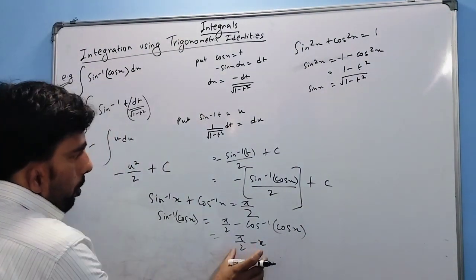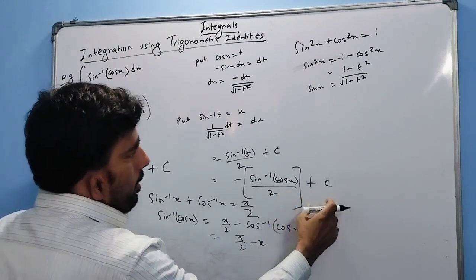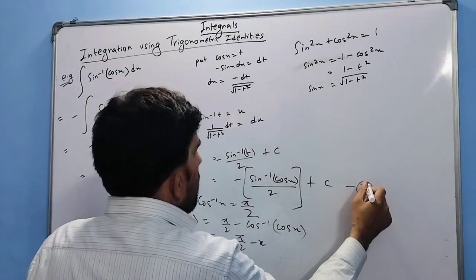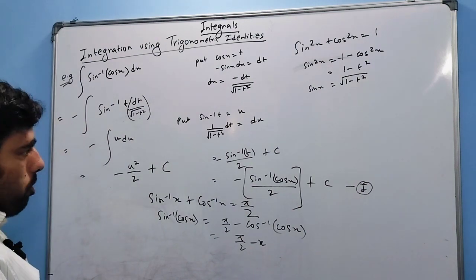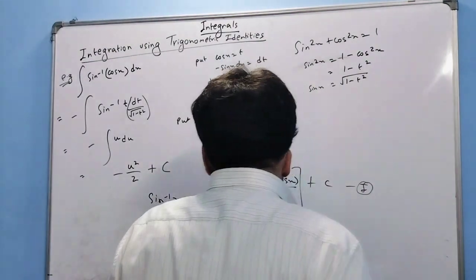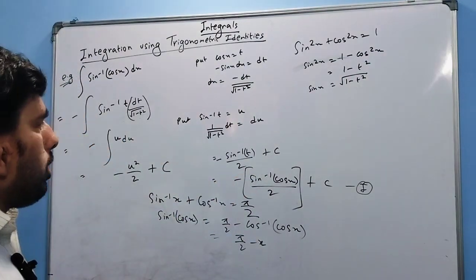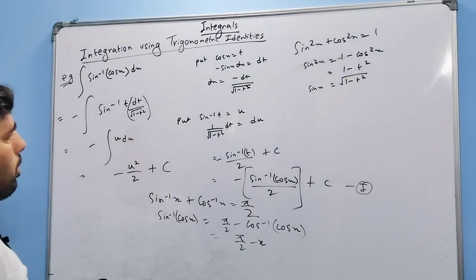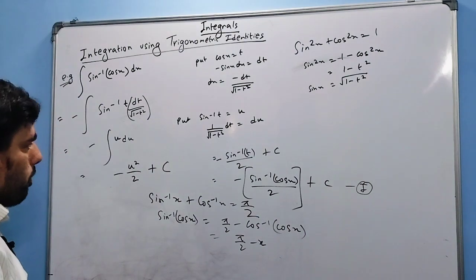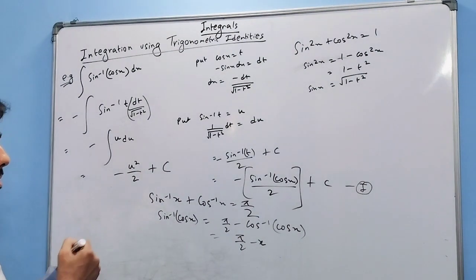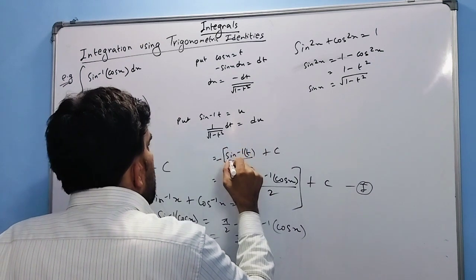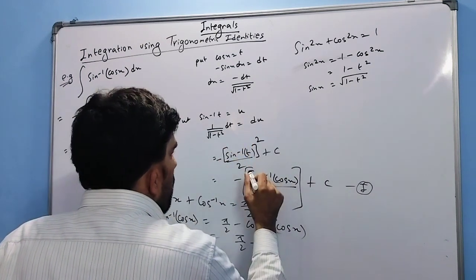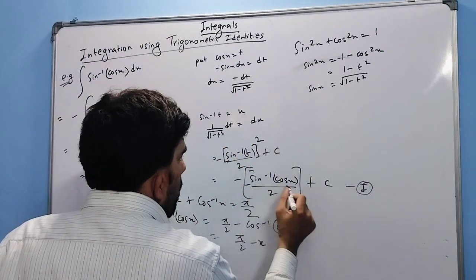So now I'll put this value in the first expression. What will happen? Now let us try to solve it out. If I put pi by 2 minus x here, it is also u square, no? So I will take the square here.